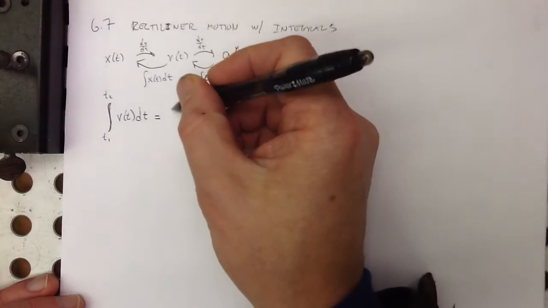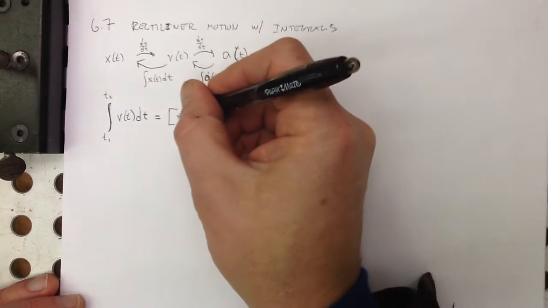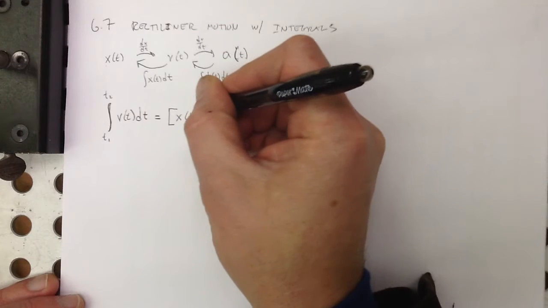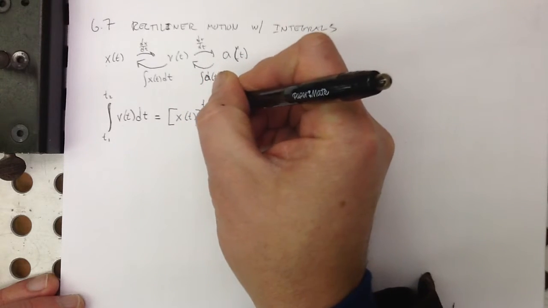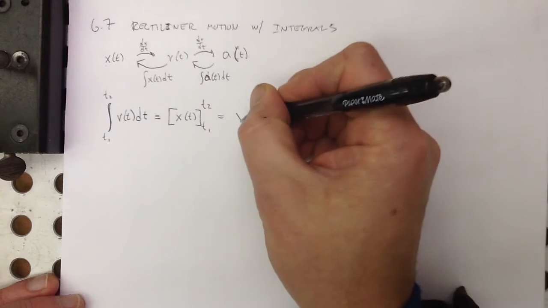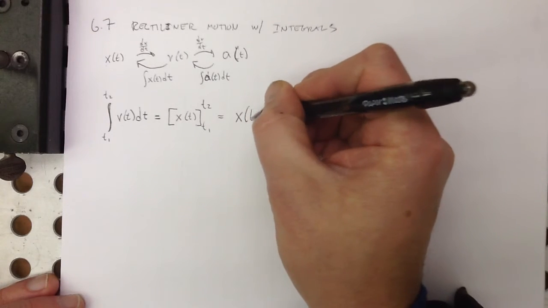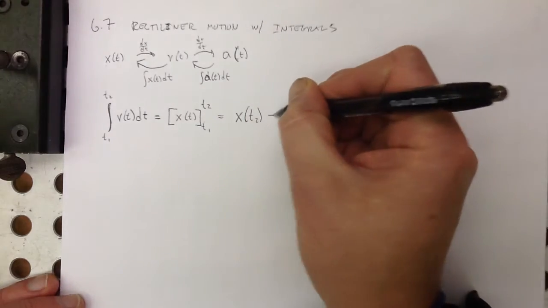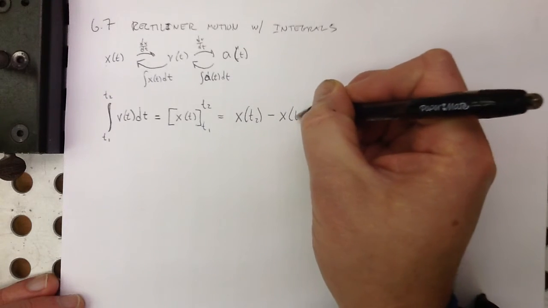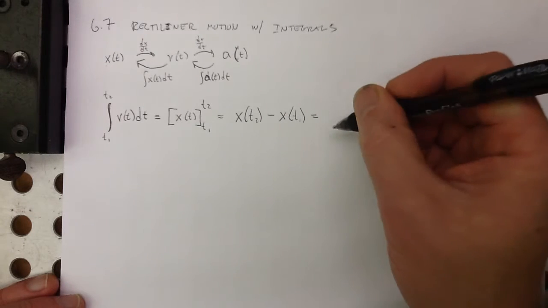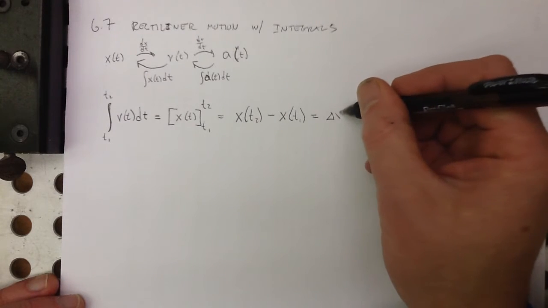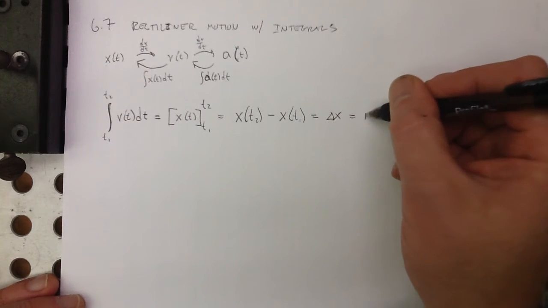Antiderivative of velocity is position. And then we just need to plug in those values. So we would get position at time 2 minus position at time 1. And that is just change in position. You could call it delta x if you want to. And that's displacement.